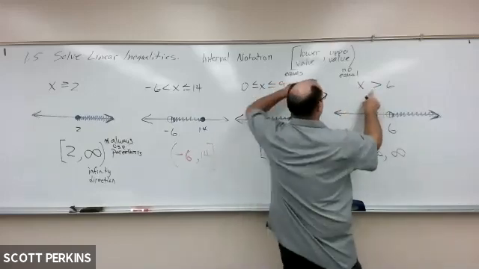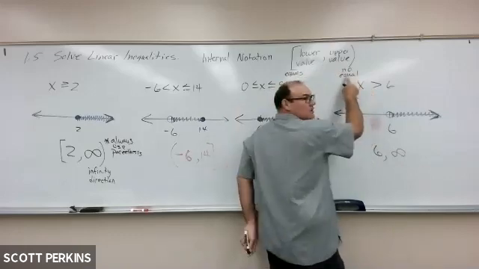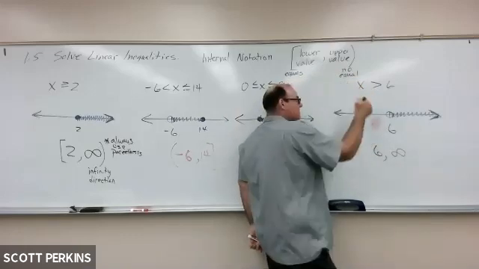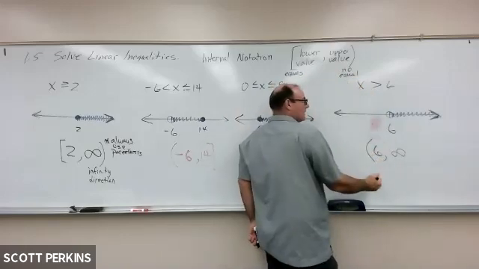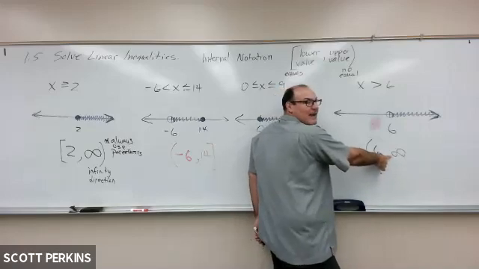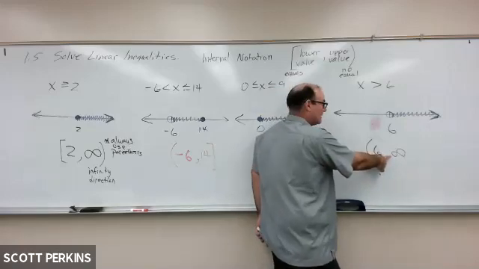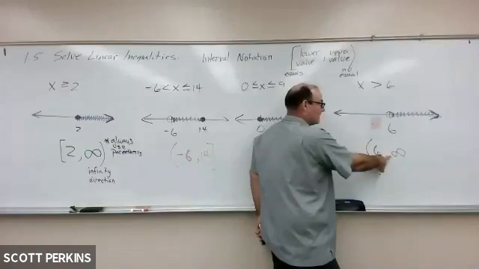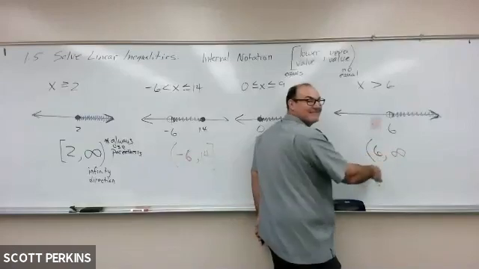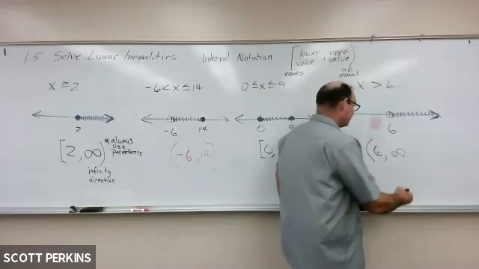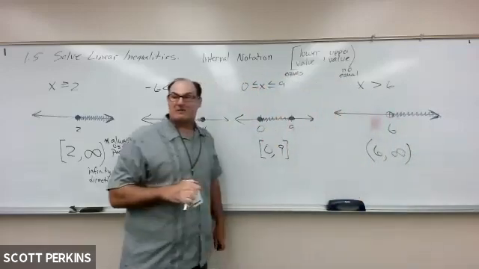Not a bracket. We have no equals. When you have no equals, you put a parenthesis. What do I always, every time, every day put for the infinity end? Thank you. A parenthesis.